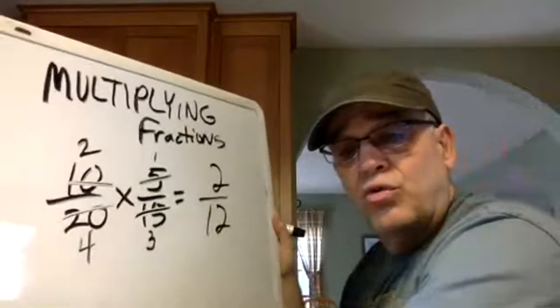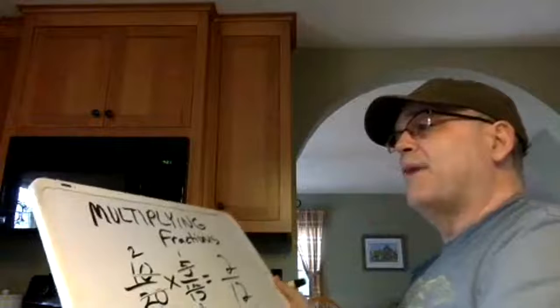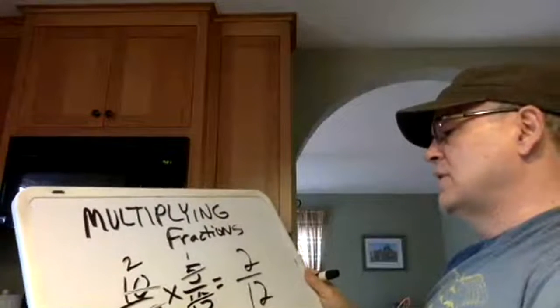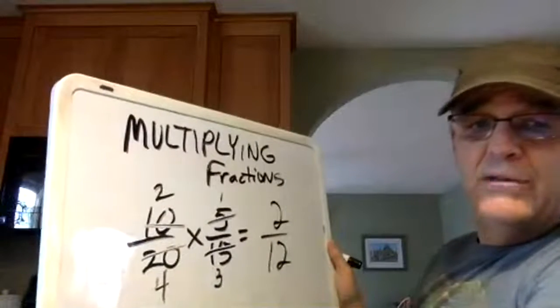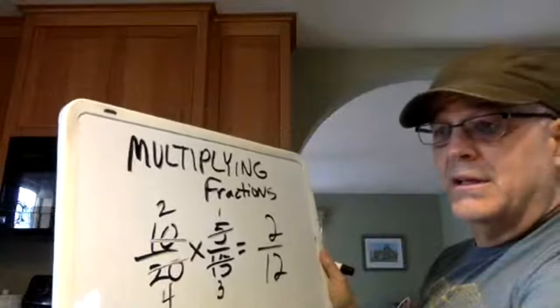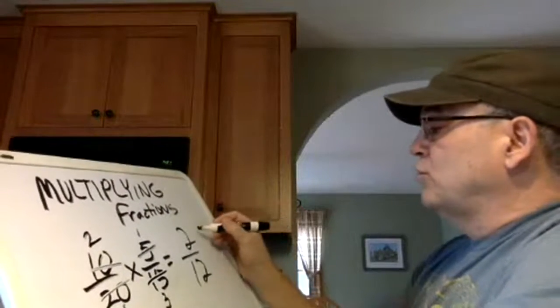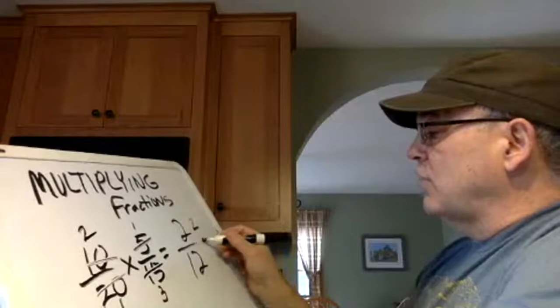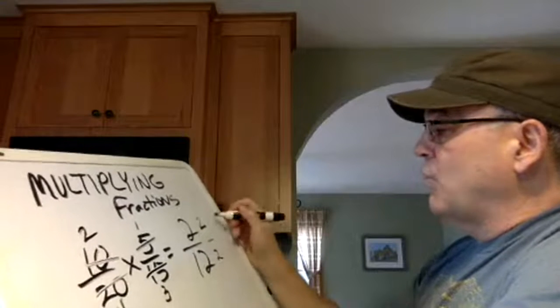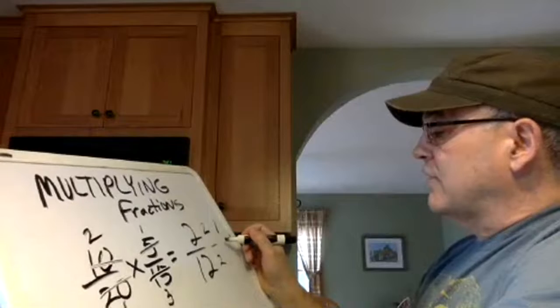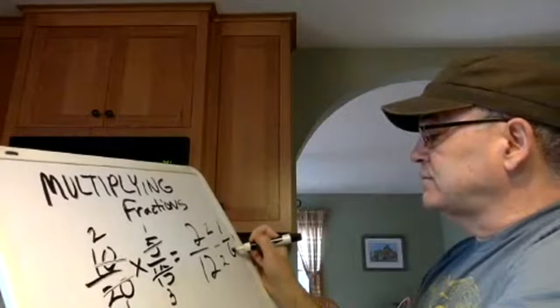Answer, 2/12. Now, that final step once again, is there anything that will divide into 2 and 12 evenly other than 1? And the answer is yes, 2. So we'll divide 2 into top and bottom and get 1/6.